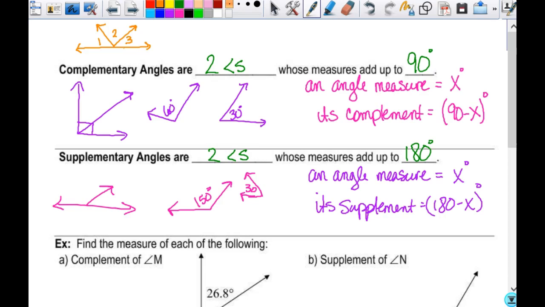Yeah, so, but they're not supplementary? Why not? Because there's 3 angles. These are angle pairs. So yes, 1, 2, and 3 add to give me 180, but they are not supplementary because it is 2 angles both times. So angle 1, oops, angle 2, and angle 3 are not supplementary.